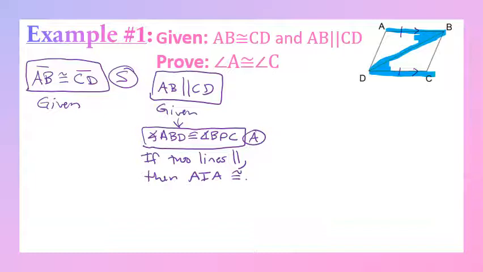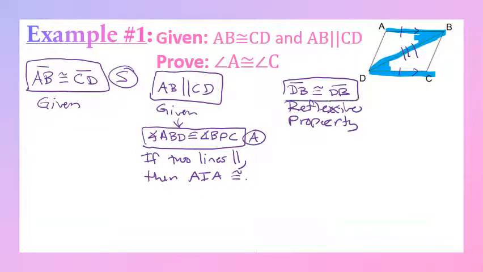I know some of you are just shouting at the computer right now, Ms. Schwartz, DB is congruent to DB by the reflexive property. Yes, you are absolutely correct. DB is congruent to DB because of the reflexive property.